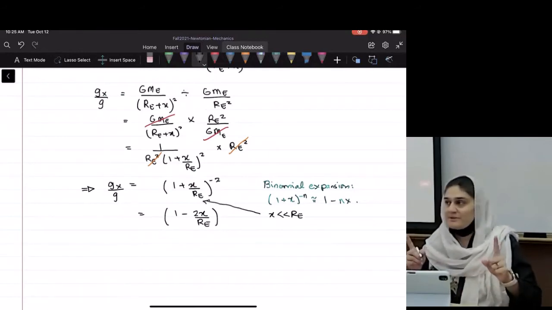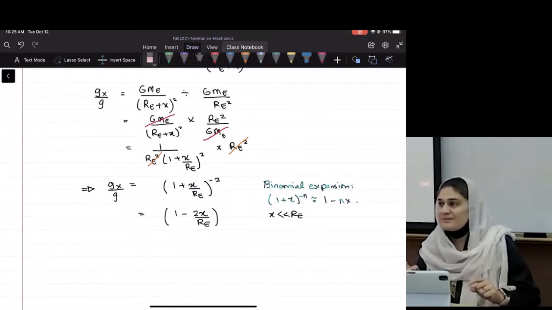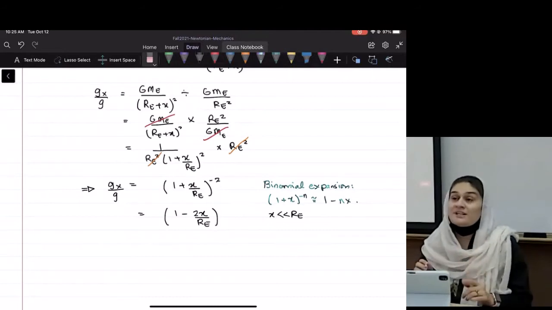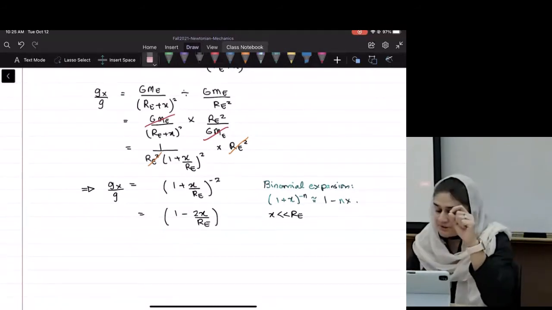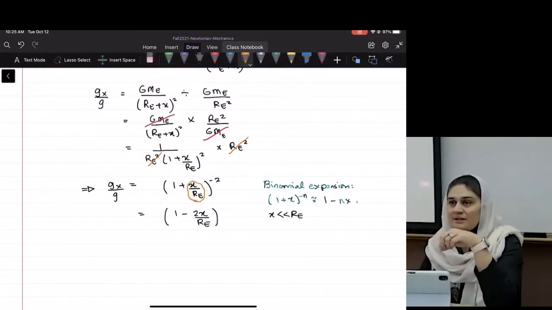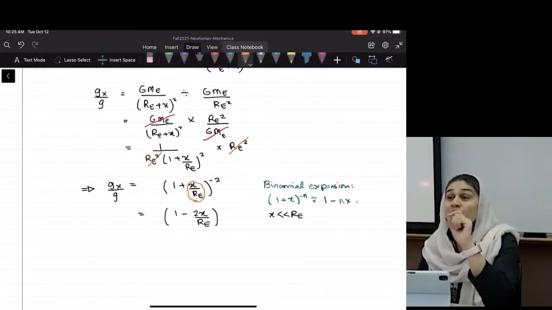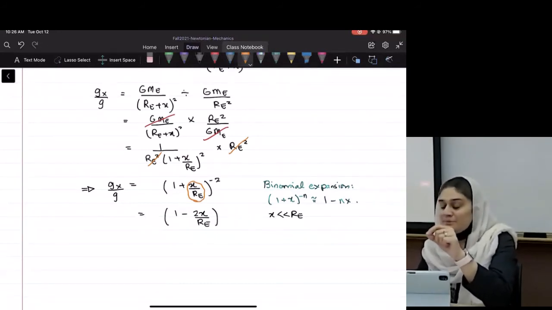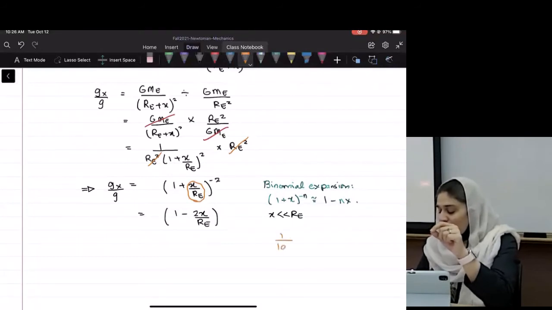Everybody knows about binomial expansions, right? No? Somebody said no. Okay, that's a good question. Let me explain this. When you have this term, which is very tiny, why is it tiny? Because no matter how big you make your x, it will be smaller than R_E.